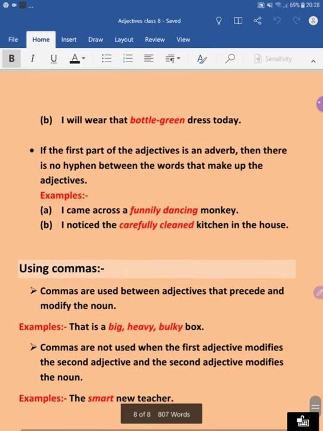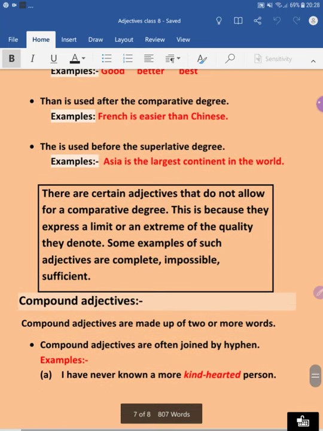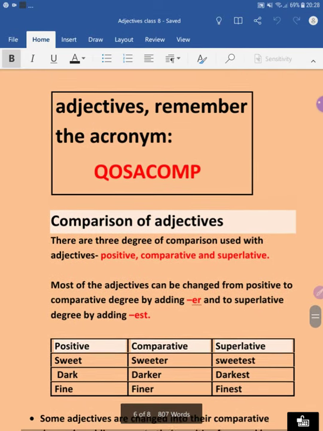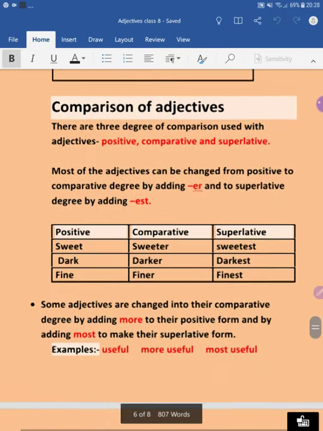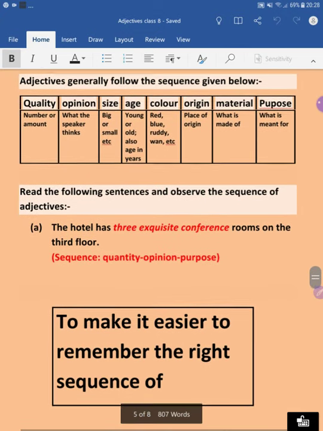Now another topic is using commas. Commas are used between adjectives that precede and modify the noun. As we have learned in the order of adjectives, there could be more than 1, 2, 3 or 4 adjectives in one sentence, right?